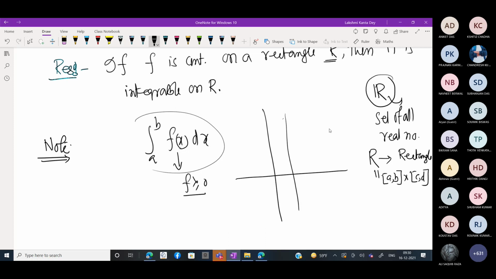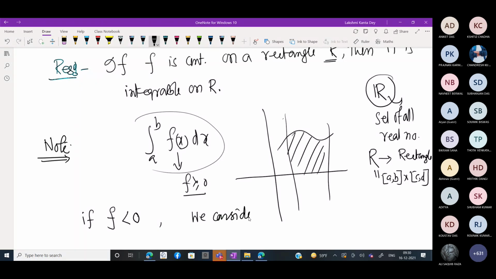It is basically this part, the area under the region y equal to f x and above the x-axis. Whenever f is arbitrary, if f is negative, then we consider f to be minus of minus f.